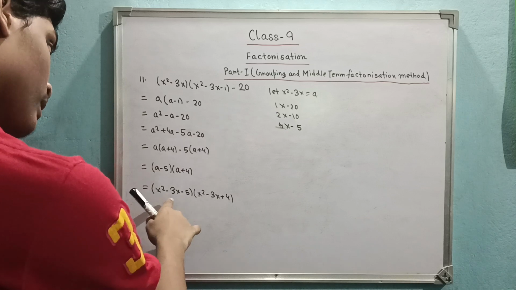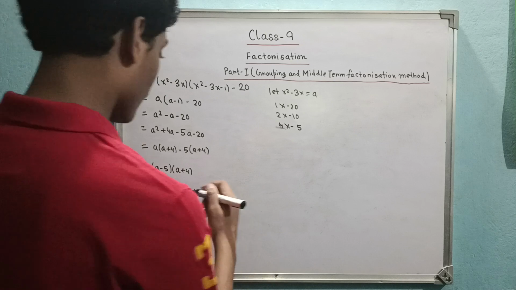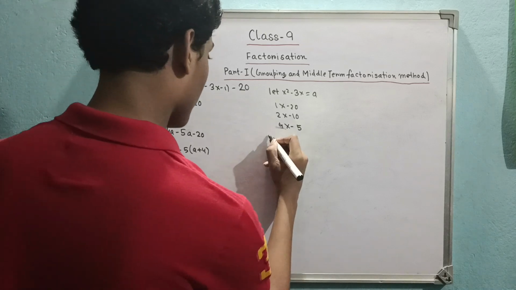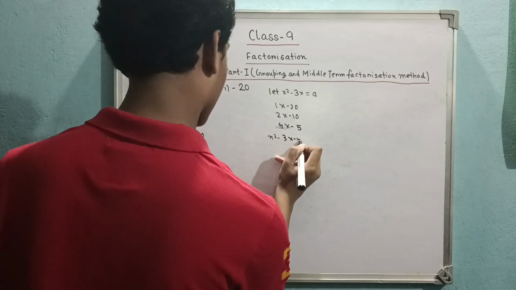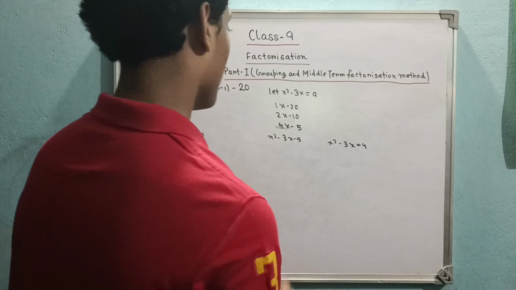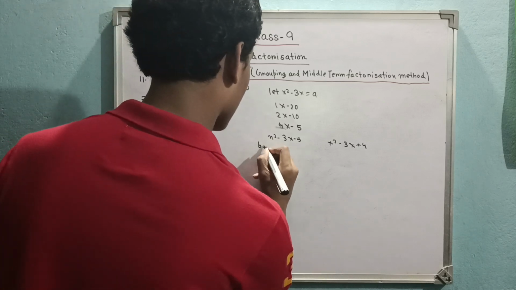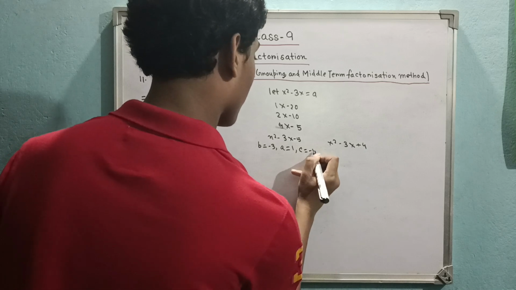Now you can check if these equations are factorizable or not. So I taught you b square minus 4ac, how to do that. Let's take the two equations now: x square minus 3x minus 5, and x square minus 3x plus 4. For the first, b is equal to minus 3, a is equal to 1, c is equal to minus 5.